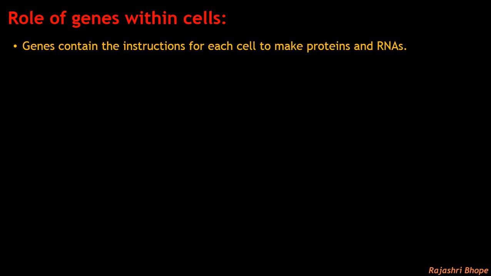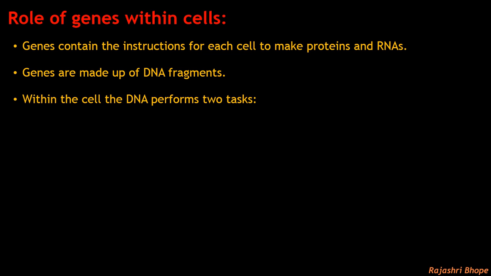Now the roles of genes within the cell. Genes contain instructions for each cell to make protein and RNA. Genes are made up of DNA fragments. Within the cell, DNA performs two tasks.